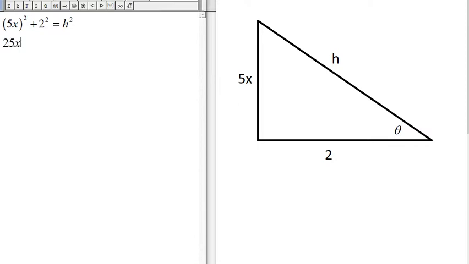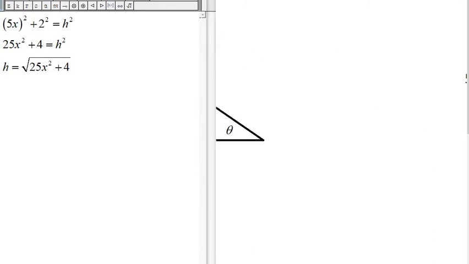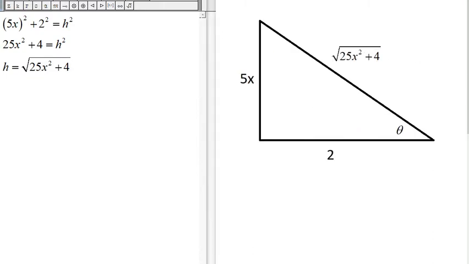So this will be 25x squared plus 4 equal to the hypotenuse squared. And then take the square root of both sides. It's the square root of 25x squared plus 4.